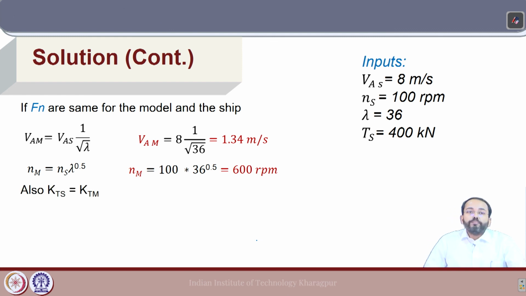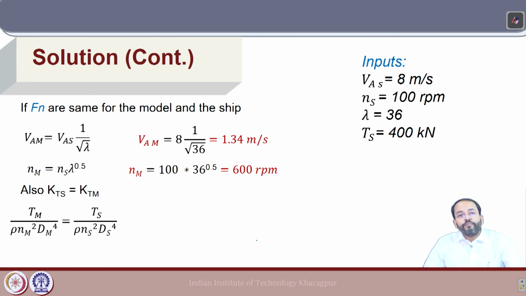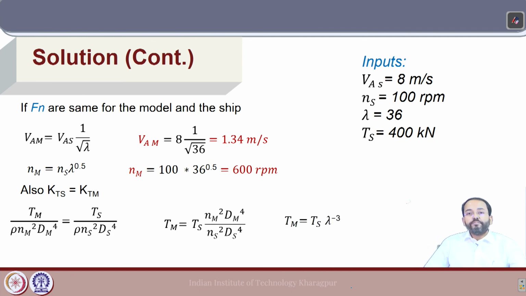So, progressing towards the thrust coefficient similarity, here we will have the thrust in the model scale equal to thrust in the full scale divided by cube of the scale ratio.